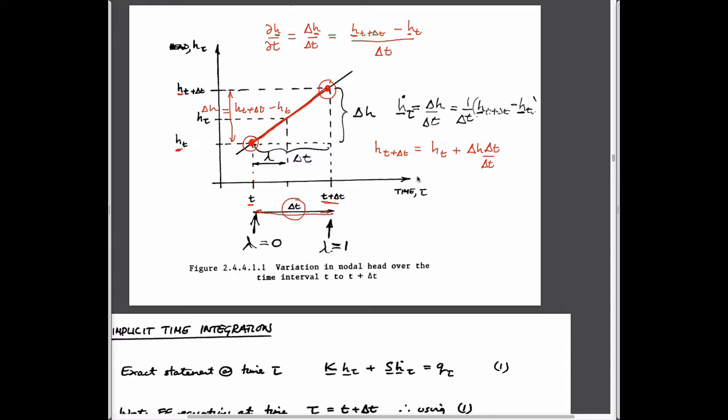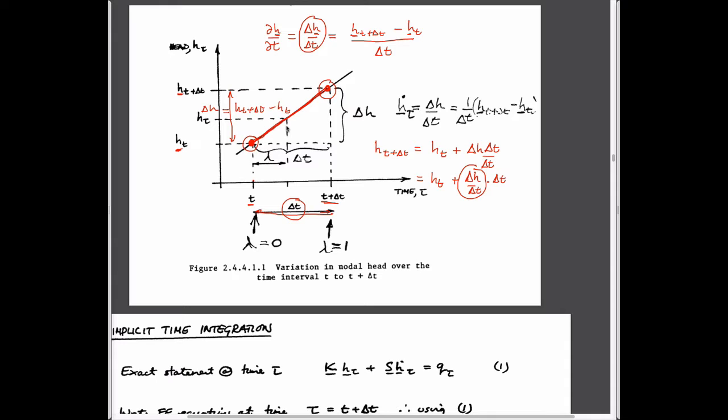And if we write it out a bit more interestingly, this is just equal to delta h over delta t multiplied by delta t. And of course this is exactly this. So those are the two things that we can get out of this. Two important equations. And they merely come out of the fact that this is a straight line relationship between this. We haven't done anything more than that.